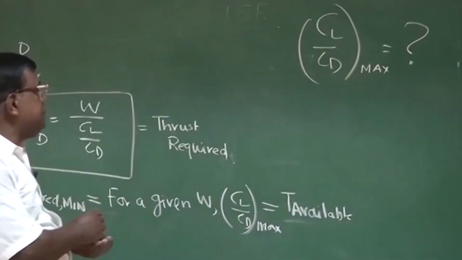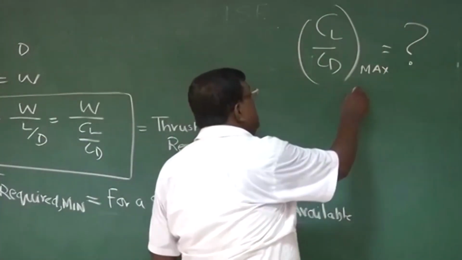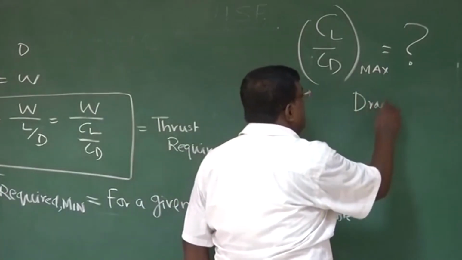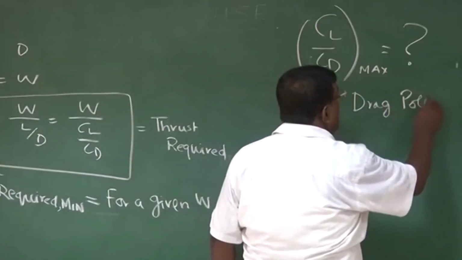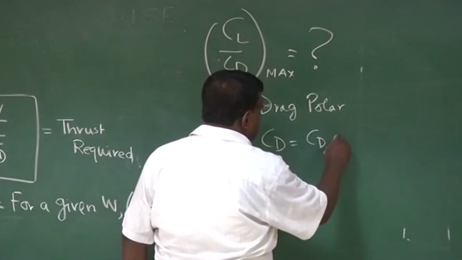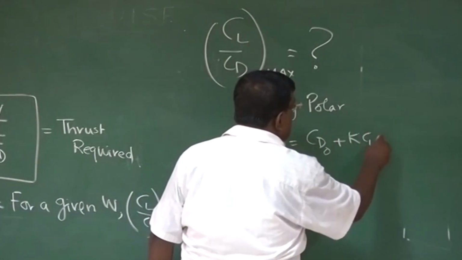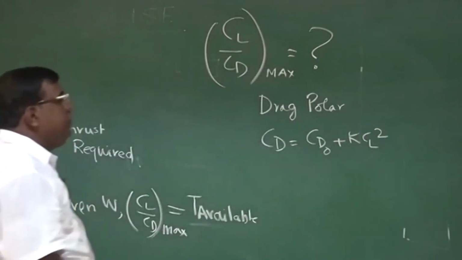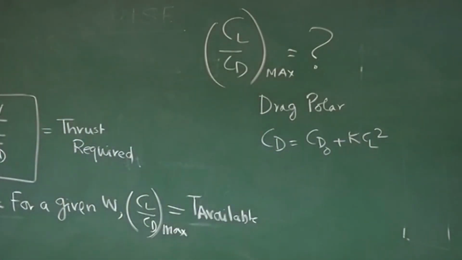Okay. So we have to go back to the drag polar. A typical drag polar form, CD equal to CD naught plus K CL square, for low speed, almost, let's say 100 meter per second, Mach less than 0.3, and smooth surface.